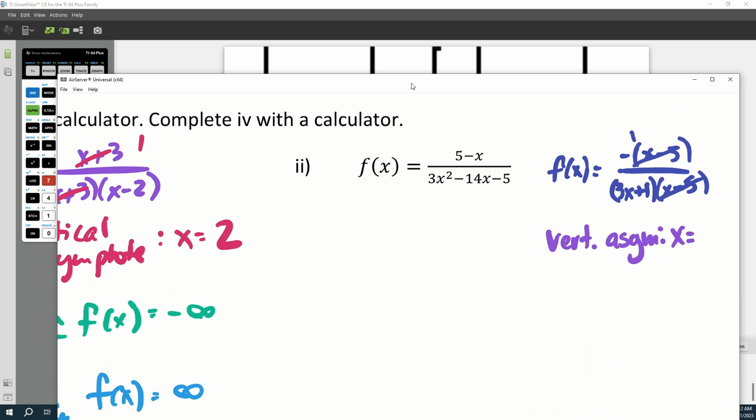All right, so where's the vertical asymptote on this one? All right, so we're looking at two limits: the limit as x approaches negative one third from the left of f of x, and from the right.